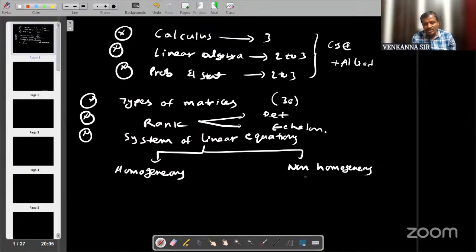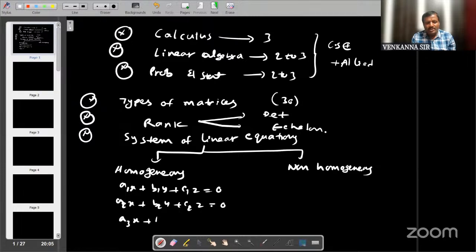Homogeneous equations, non-homogeneous. How to identify homogeneous and non-homogeneous? A1x plus B1y plus C1z is equals to 0. A2x plus B2y plus C2z is equals to 0. A3x plus B3y plus C3z is equals to 0.